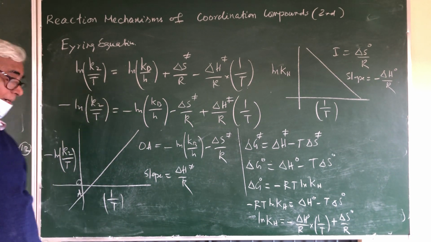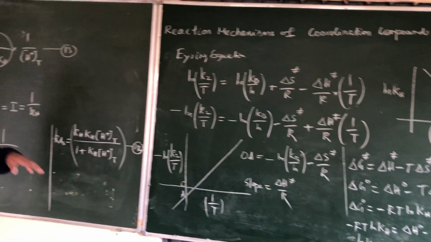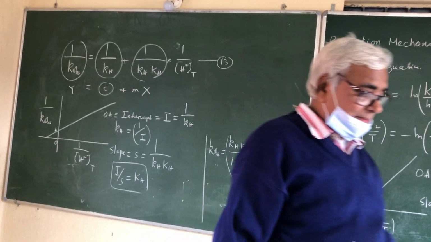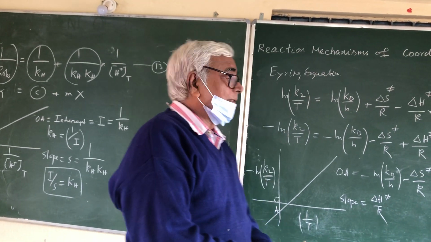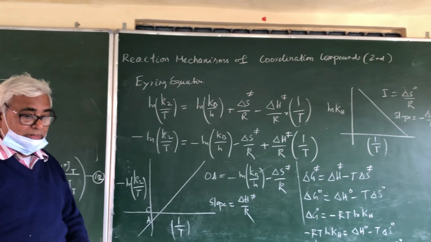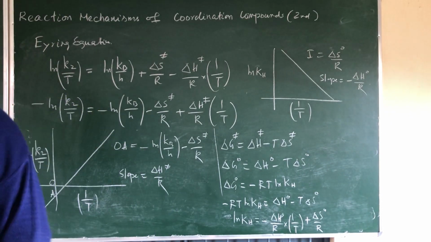For MSc students, up to this is okay. For research, you have to calculate activation parameters and also standard enthalpy change and entropy change. So this completes the mechanism of acid hydrolysis.